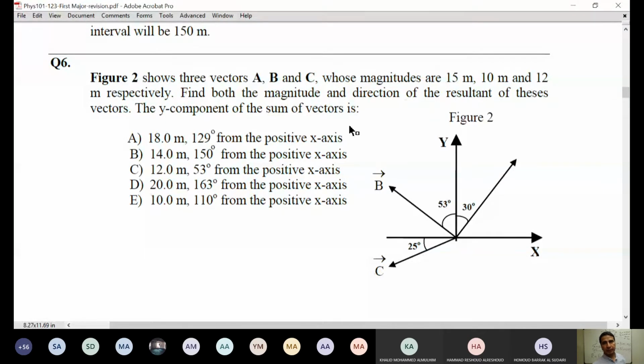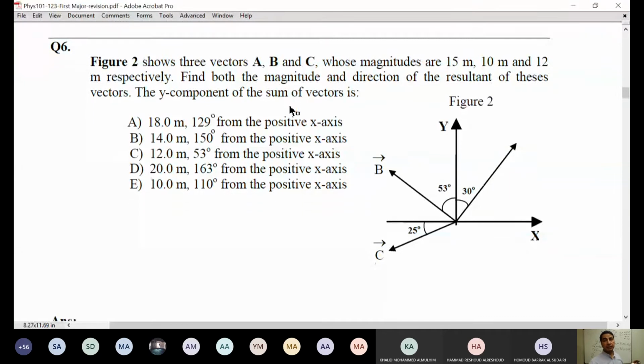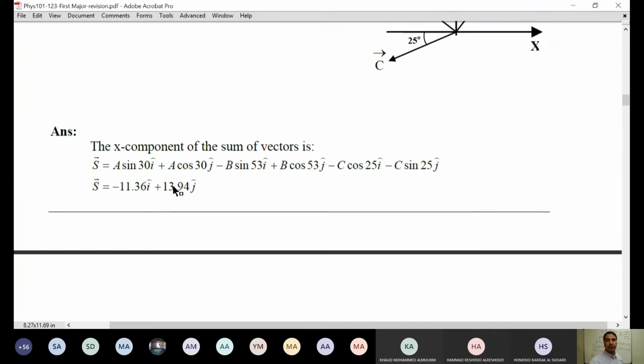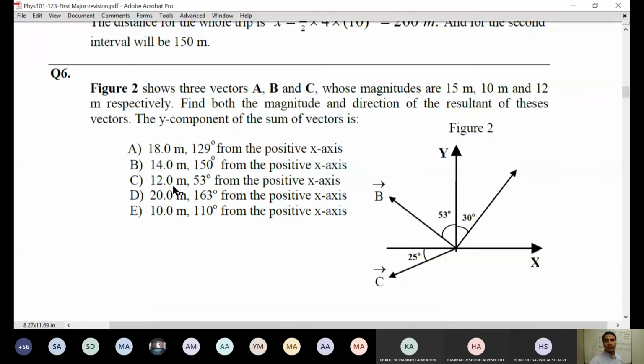There is an issue in the problem because they're asking two things, and they are providing an answer for only one thing. So yes, you need to look at the problem.